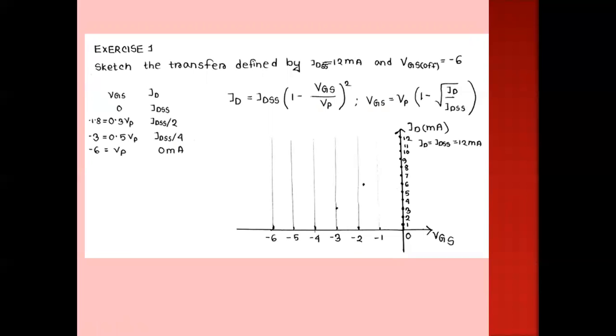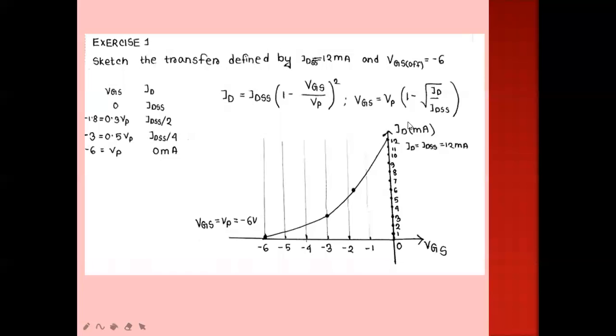For VGS equals minus 5 volt, the ID will be about 0.33 milliampere, and for VGS equals minus 6 volt, the ID will be 0. After we get all the points, just connect them and you will get the transfer characteristics curve. Here VGS equals minus 6 is a negative value, and it will be only for the N-channel JFET.